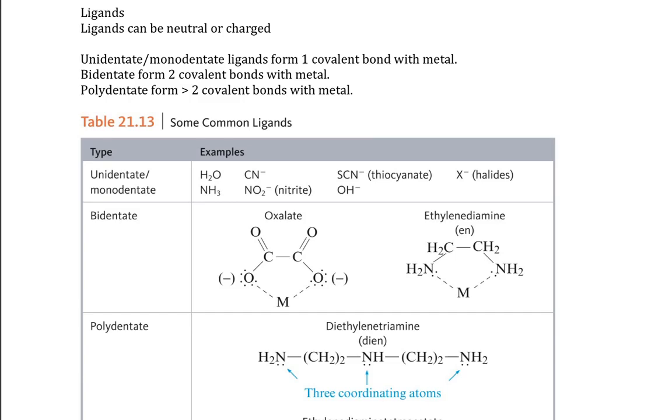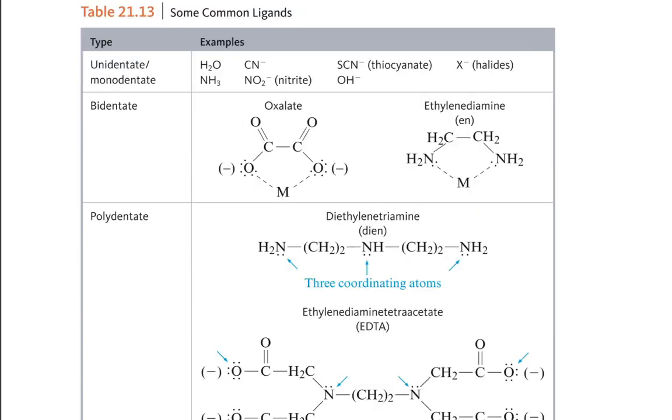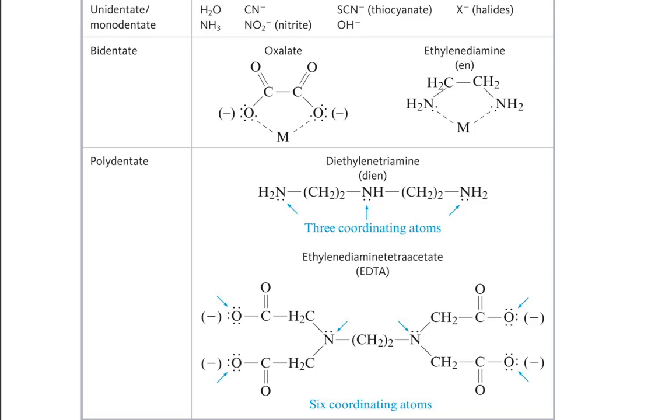So here's a table of common ligands. The common unidentate, that is monodentate, ligands are water, neutral, ammonia, neutral, CN minus, NO2 minus, SCN minus, OH minus, and then the halogens like Cl minus, Br minus, halide ions.